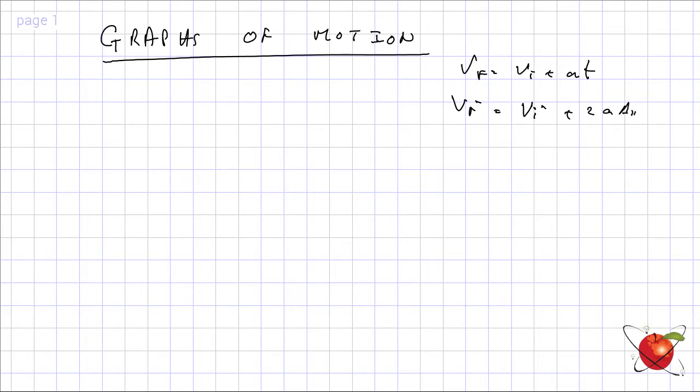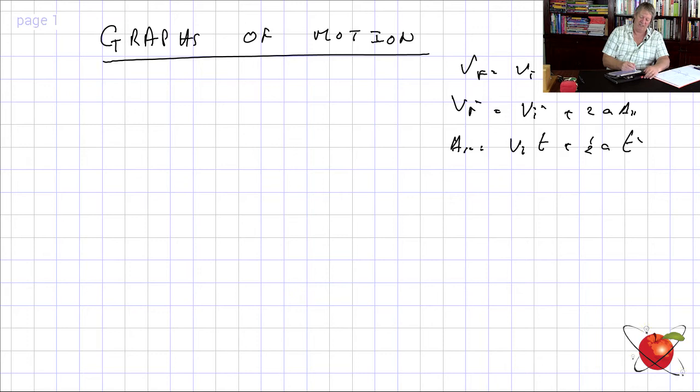We also had one that was delta x is equal to Vi t plus a half A times t squared, okay? Yeah, half AT squared, okay, right?